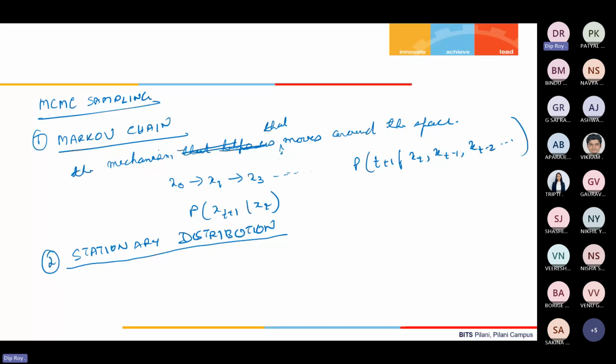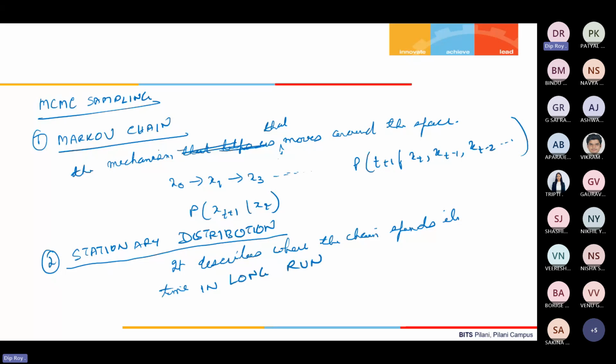So when you have a long chain, the stationary distribution describes where the chain spends its time. And not only where the chain spends its time, but where it spends its time in the long run, because the chain will not converge.